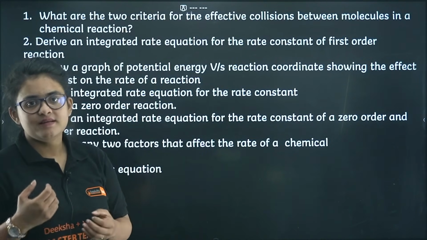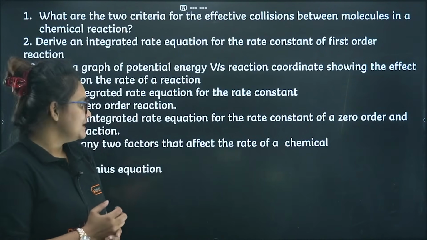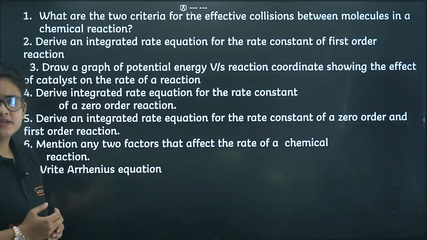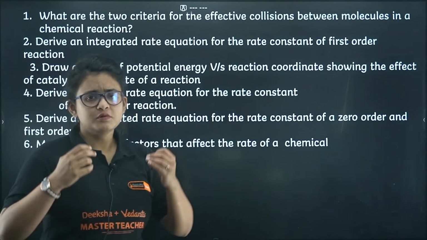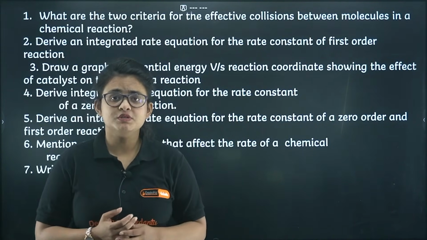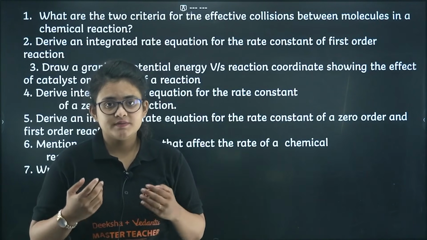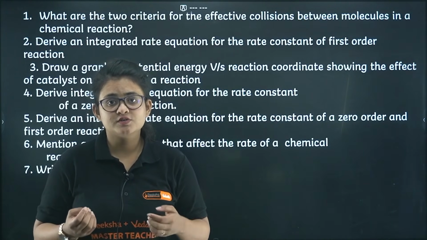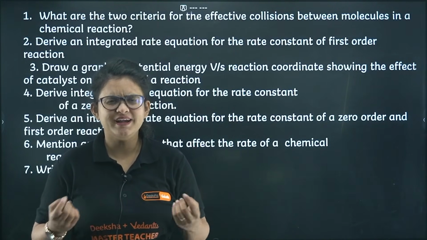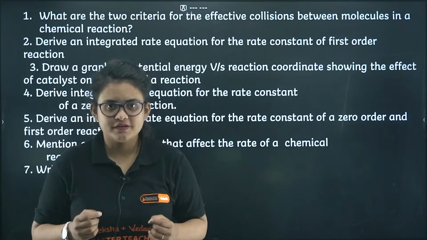These are very important for the chemical kinetics chapter, and there is no need to say that definitely some numerical problems are also important. So I will make a separate video on that so that you can target the numericals and get the full marks out of it.